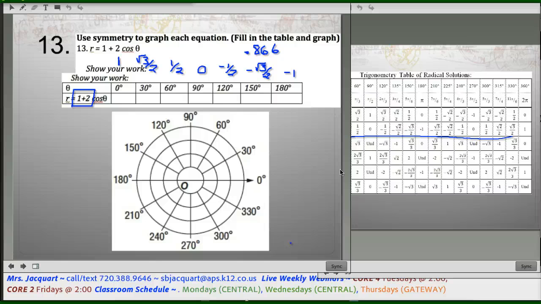So 0.866 times 2 plus 1 is 2.73. Then 1/2 times 2 is 1, plus 1 is 2. I lied on this first one.